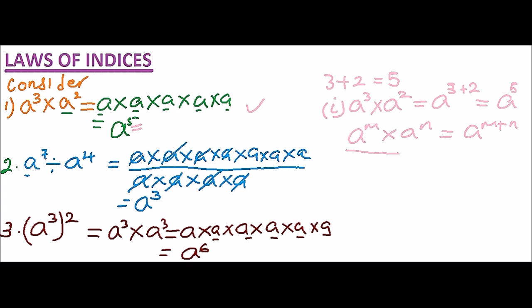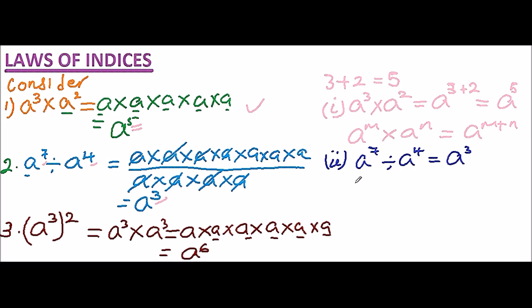So we go to the second one. In the second one, you can observe 7 and 4. Here we are dividing. When you subtract 4 from 7, you get 3. So we can write it like this: a to power 7 divided by a to power 4 gives the result a to power 3.